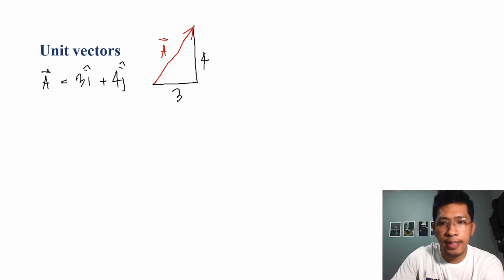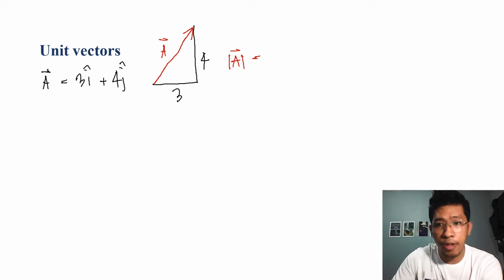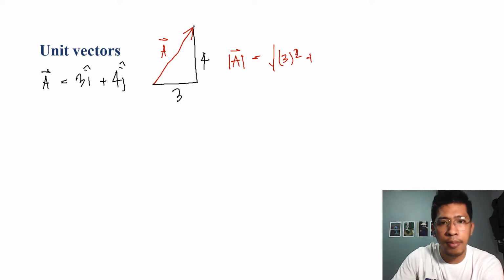Now let us find out the magnitude of your vector A. You can find the magnitude of vector A just from the Pythagorean theorem. That is the sum of the squares, and then we get the square root. So we have 3 squared plus 4 squared, and then we get the square root.